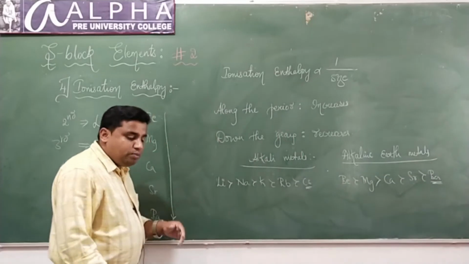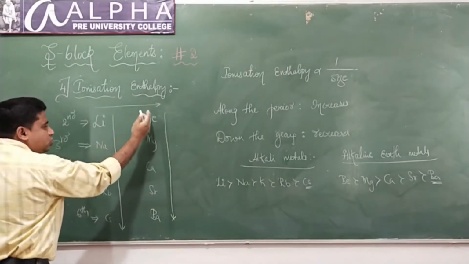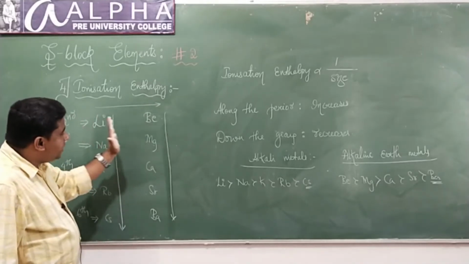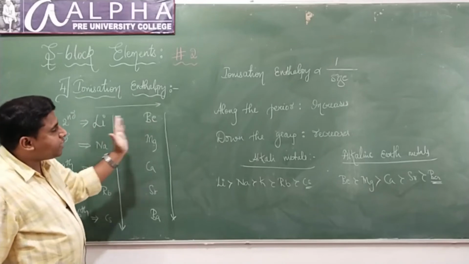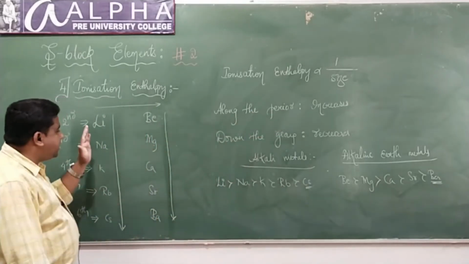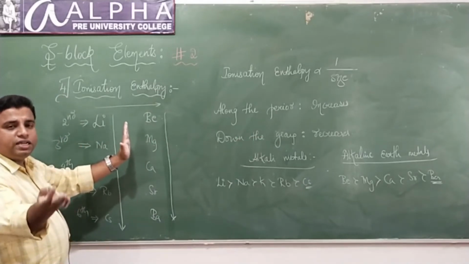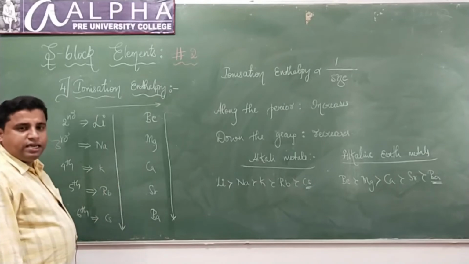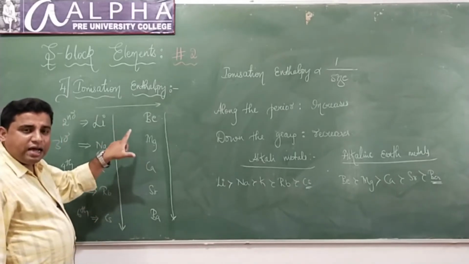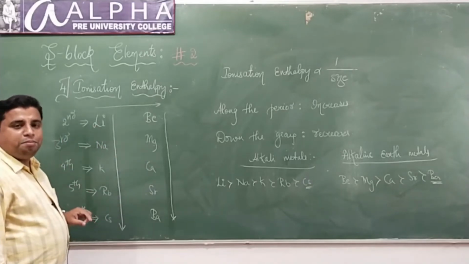Now as we move from left to right, from the alkali metal group to the alkaline earth metal group, along the period, what happens to ionization enthalpy? It increases. So I can say the ionization enthalpy of alkaline earth metals is more than that of alkali metals.